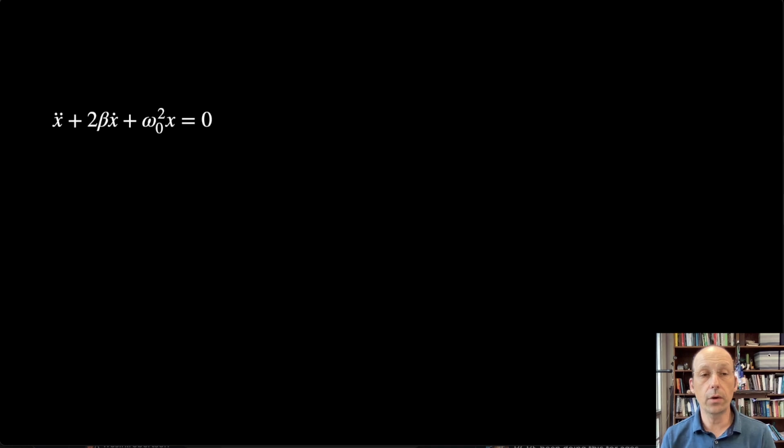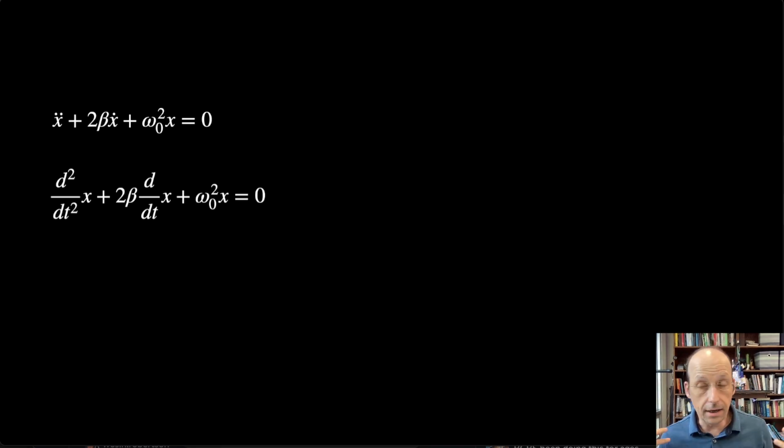Okay, so we have this equation: x double dot plus 2 beta x dot plus omega naught squared x equals 0. I could write that not in dot notation. The second derivative is like an operator, and then I have a first derivative as an operator. Let's call that operator capital D. It's the derivative with respect to time.